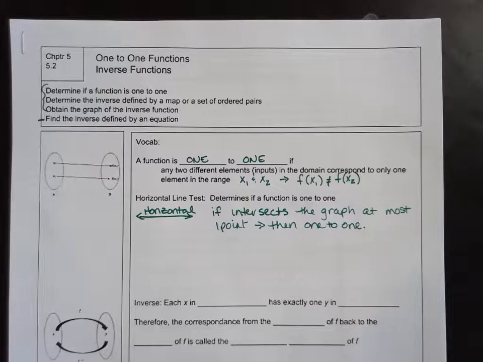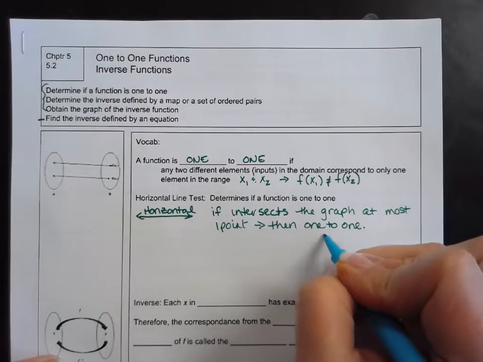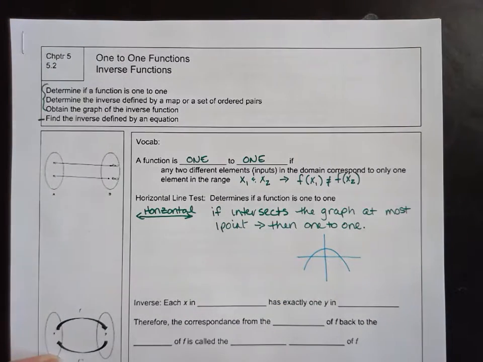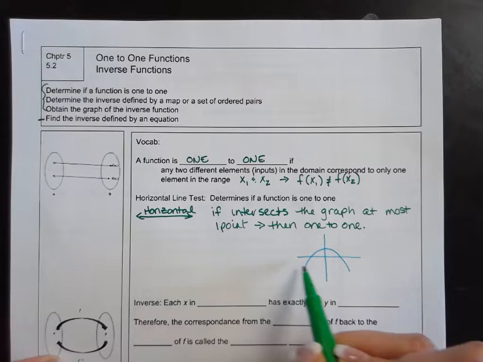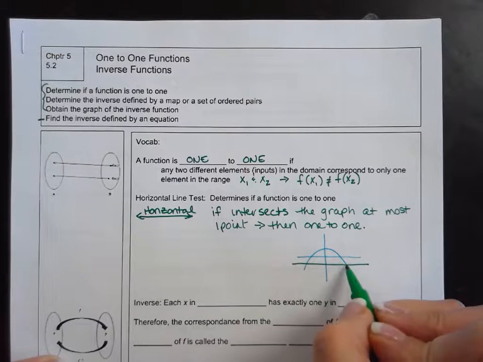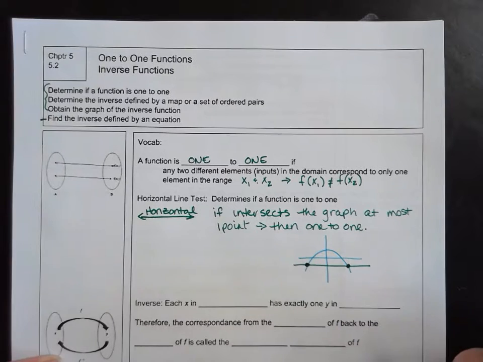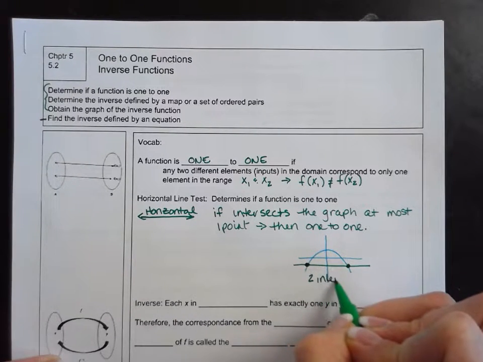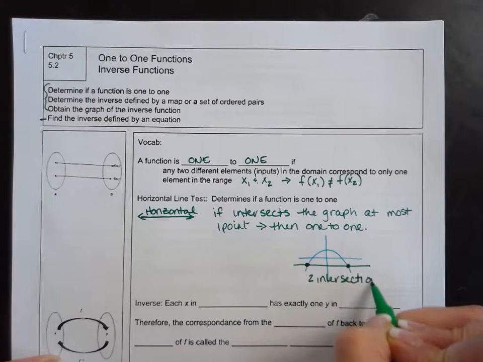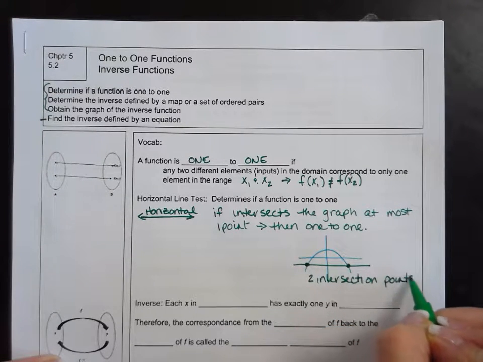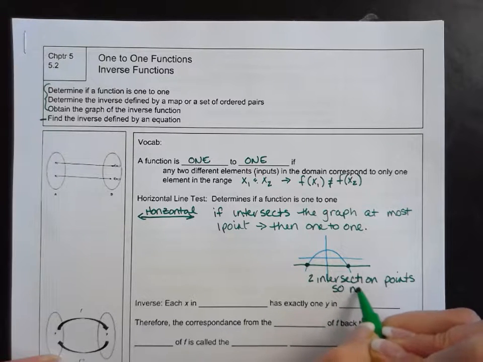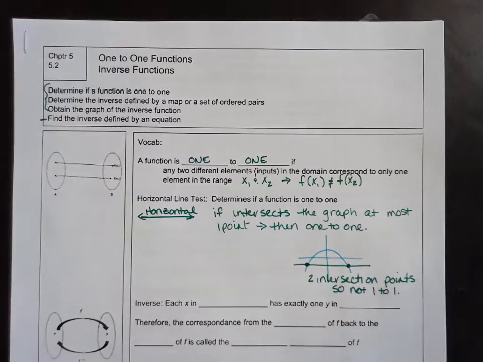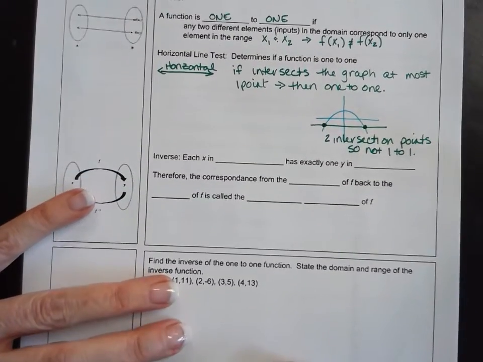Okay, so let's say I have a graph that looks like this. Okay, and I do a horizontal line test here. I have two intersection points. So it's not one-to-one. Okay?